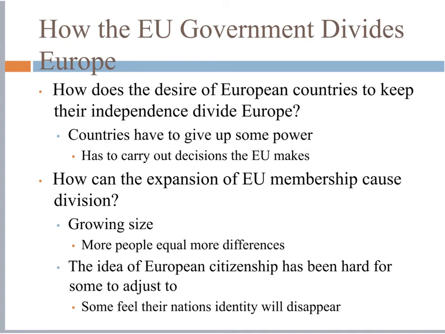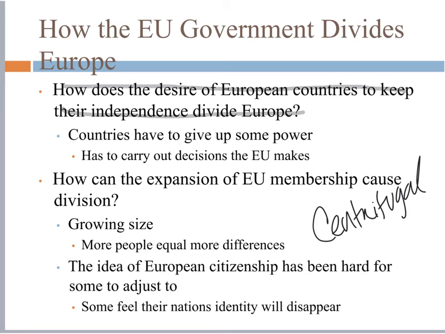All right, so how the EU government divides Europe. So these are our centrifugal forces. Okay, so notice on that bottom set on the left-hand side, how does the desire of the European countries to keep their independence divide Europe?